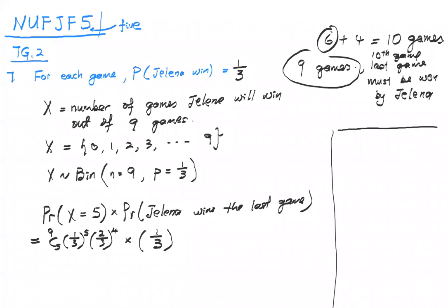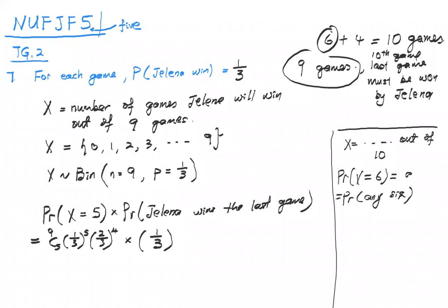If I do it this way, if I put X as the number of games won out of 10, when I find the probability of X equal to 6, this means any 6 games.